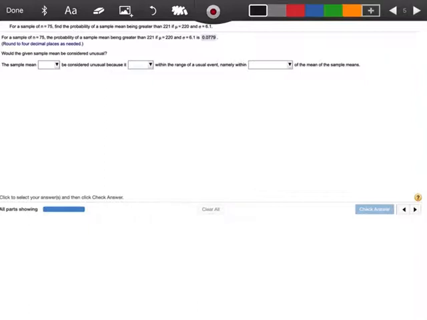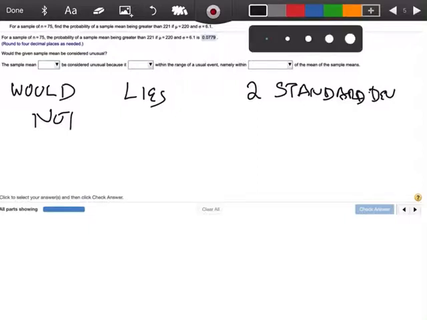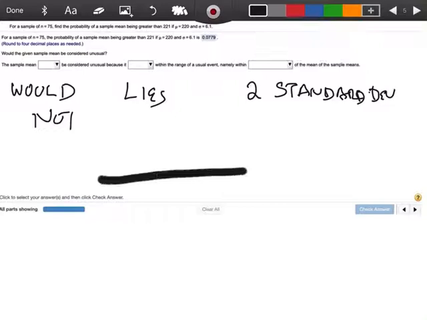So for this part here, I would say it would not, because it lies within the range of a usual event, namely within 2 standard deviations. Again, I'm going to try to draw that picture that we had.